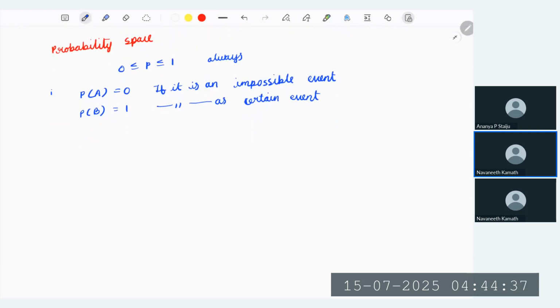One more thing. The union of all the possible events on a sample space, suppose the union of A1, A2 till AN, which are all possible events on the sample space, is a subset of the sample space first of all, because anyhow an event is a subset of the sample space.